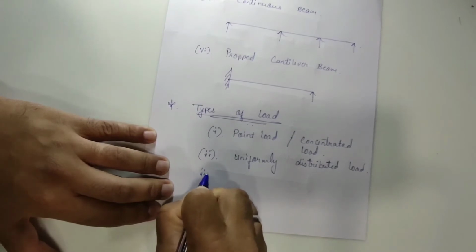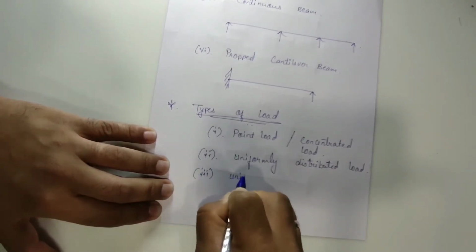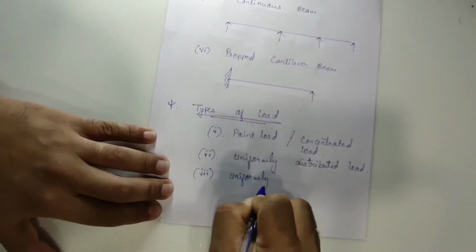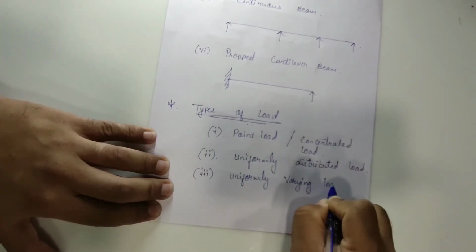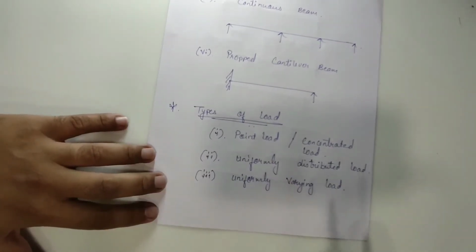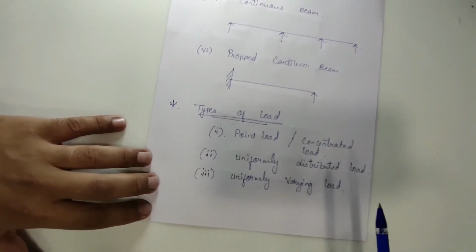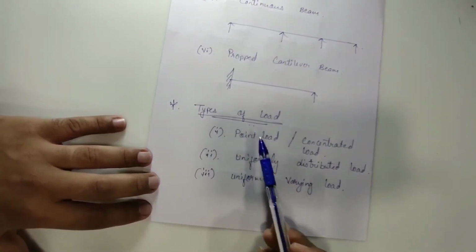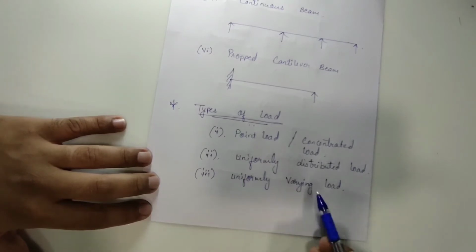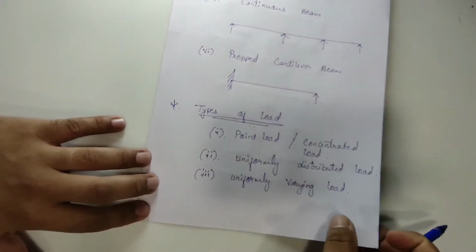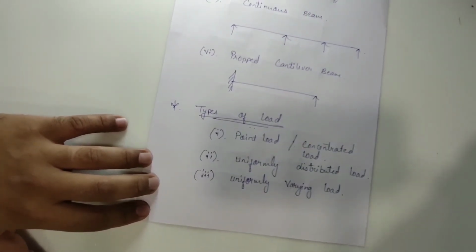And the last one is uniformly varying load. So there are three types of load which are encountered on any kind of beam. First one is point load or concentrated load, second one is uniformly distributed load, and third one is uniformly varying load. We are going to see each of these one by one.